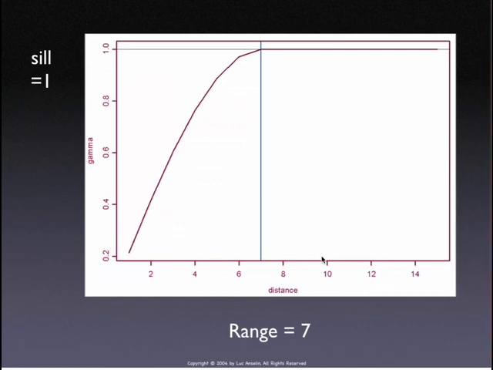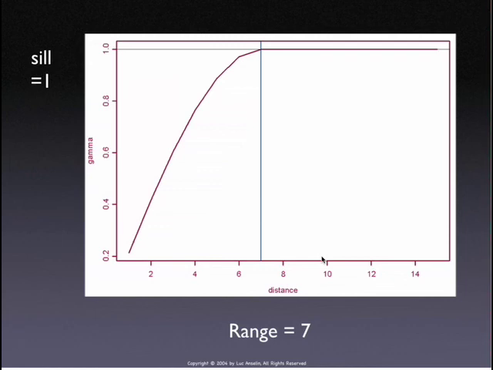So we see we start at 0, this goes up until we reach a certain level, and then beyond that it's flat. This height is the variance of the process. That is C0, because at this point there is no more spatial autocorrelation. So C of H is 0. Where does this kick in? Here, at this distance.